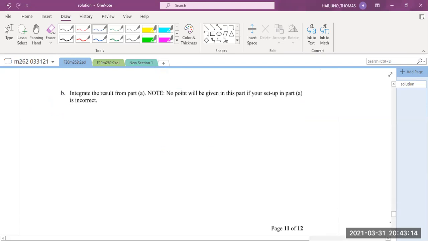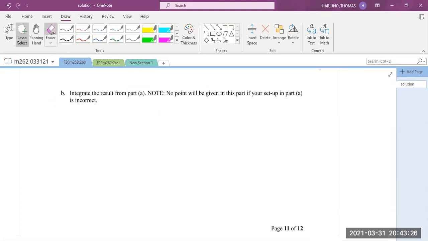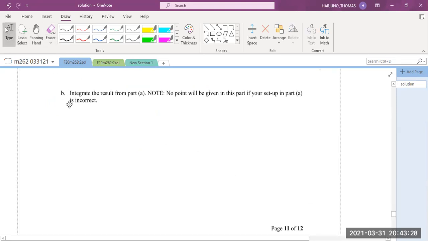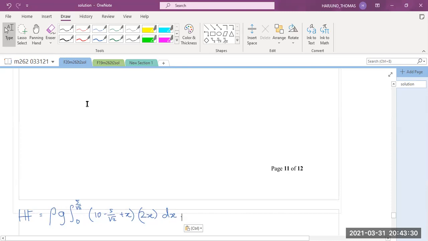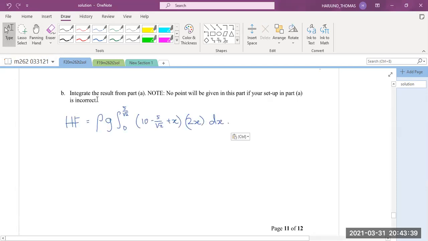And then integrate that. Okay, let me copy paste that first. That's not what I want. I want it here. Okay, now then, is there any better way to integrate that?